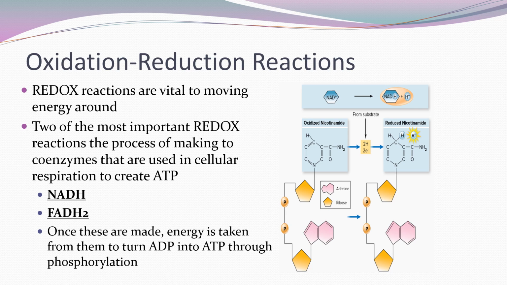Once these are made, we are going to talk about the process of turning ADP into ATP, but that's going to come at the very end of the pathway that we're going to discuss. Just know for now that these two molecules that are produced allow ATP to be made because they carry electrons. That is going to be a pivotal point in this pathway.